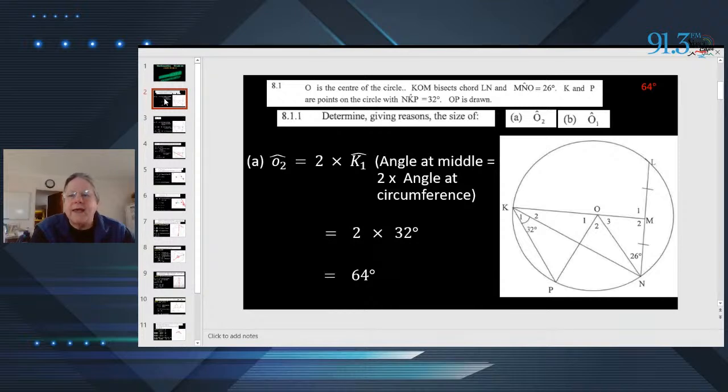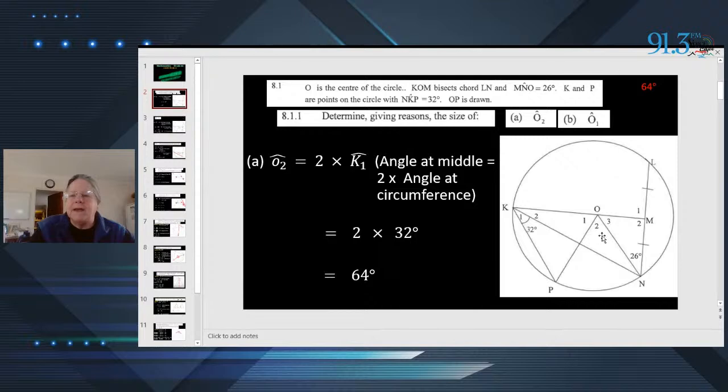We just keep that in the back of our mind. They tell us KOM bisects chord LN. So here we've got a theorem: if a line through the center of a circle bisects the chord, the angle is 90 degrees. So M2 and M1 are 90-degree angles.